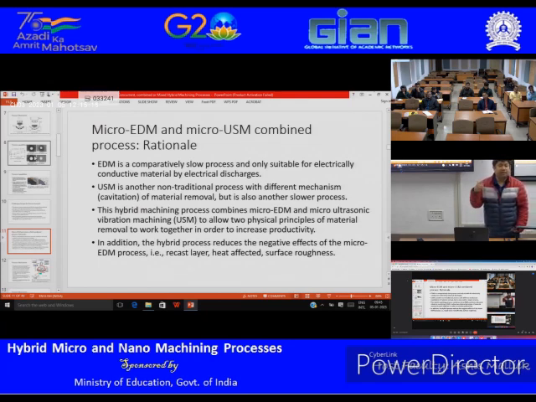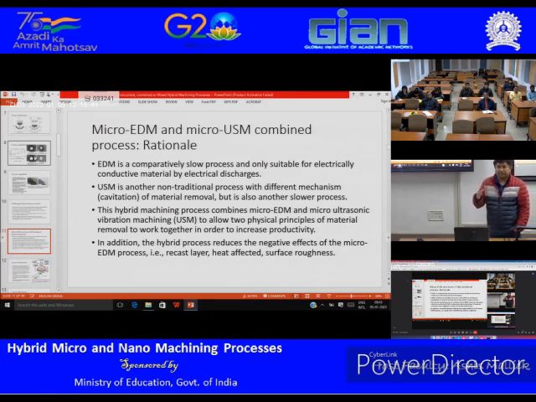But here you are using a fluid that will also allow the EDM process. If you use water, there will be too much electrochemical dissolution, and sparking will not be the dominating process. So that's the difference between ultrasonic machining and here, when you combine micro EDM with ultrasonic machining, right? You are not using water, rather you are using dielectric.